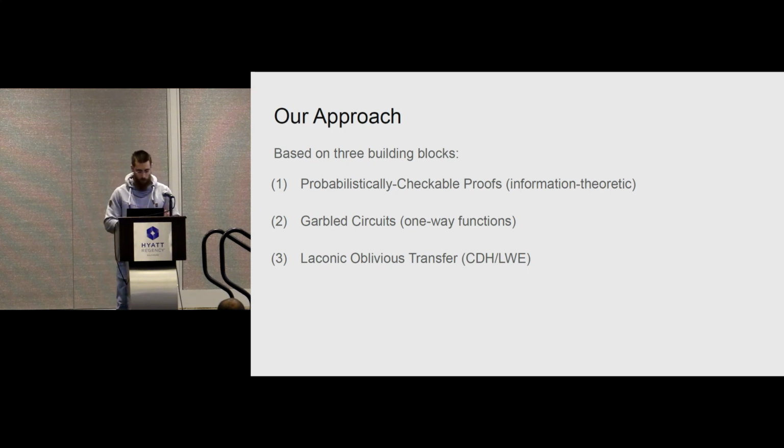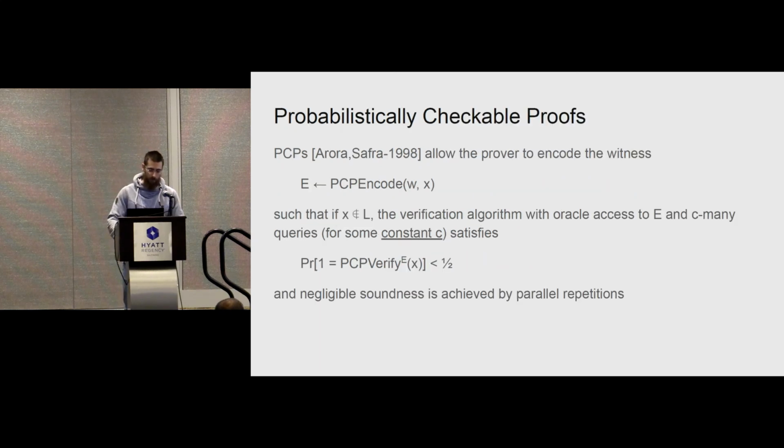Okay, so now I'm going to give a quick overview of these tools, and then I'm going to explain how we put them together in order to get our result. Okay, so this is my one-slide summary on PCPs. I omitted many of the details, so don't get offended if it's not 100% accurate. But the idea is the following.